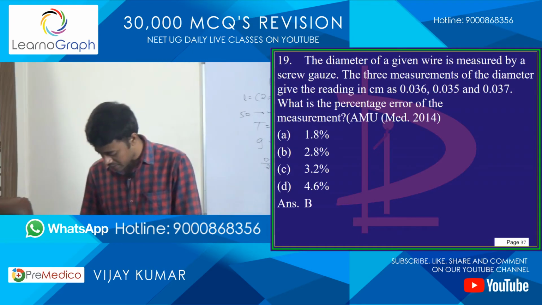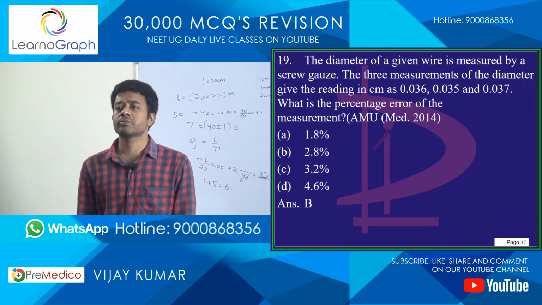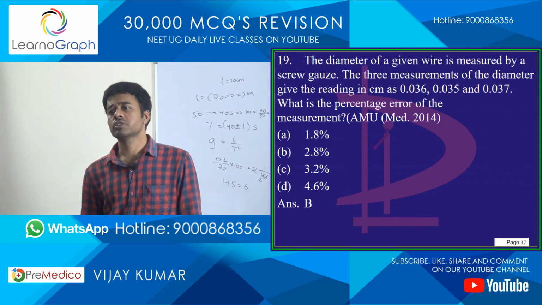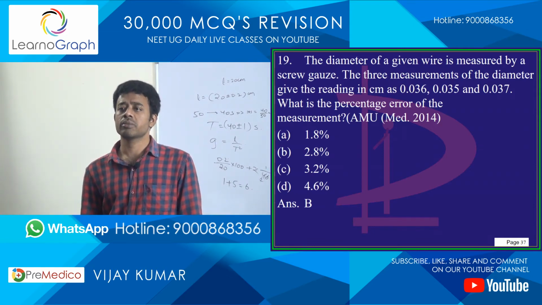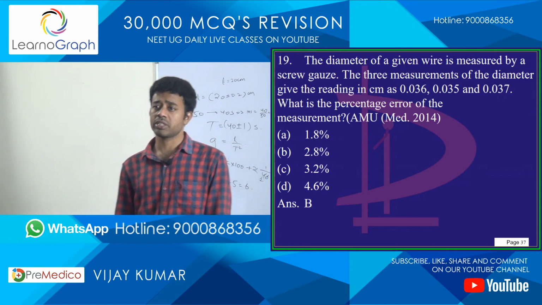Next we have problem number 19. In problem number 19, the diameter of a given wire is measured by a screw gauge. The three measurements given are 0.036, 0.035 and 0.037 centimeters. He is asking for the percentage error of the measurement.